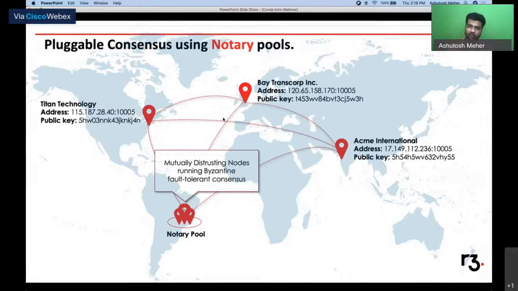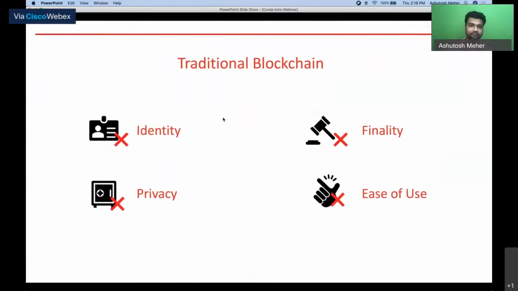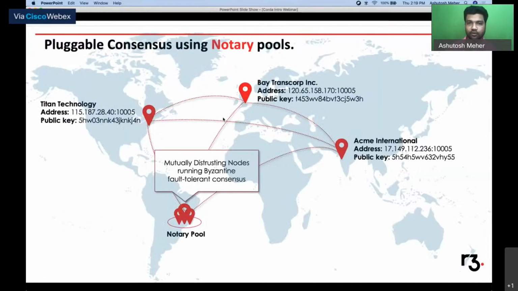Now, why are we talking about this? This is because we want to take care of the third scenario which we talked about, the finality. Once the notary pool has given a go ahead to a transaction, once the notary has said that there is not a case of double spend and this transaction could go ahead, then there is no way that this transaction can be reverted. It's not like we have a blockchain and then the blockchain has branched.